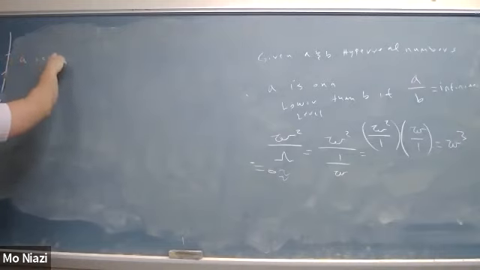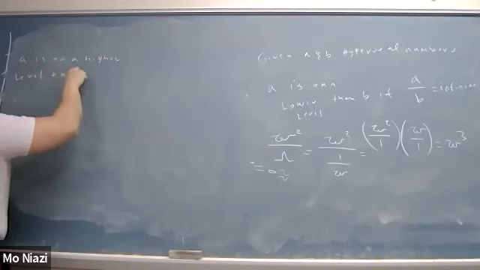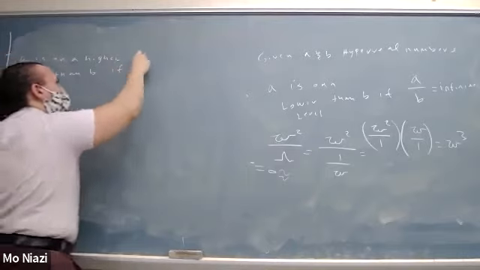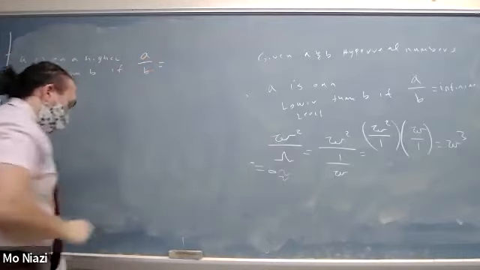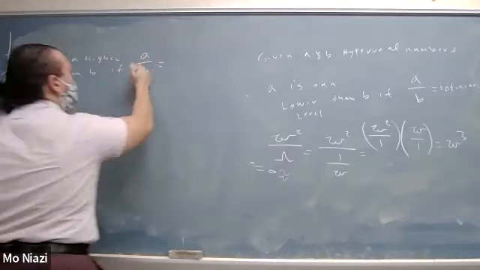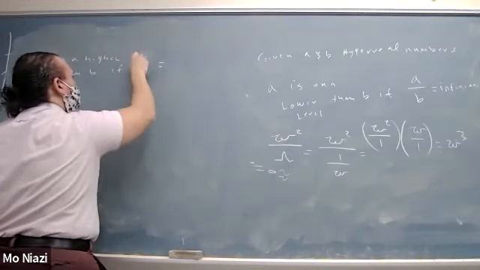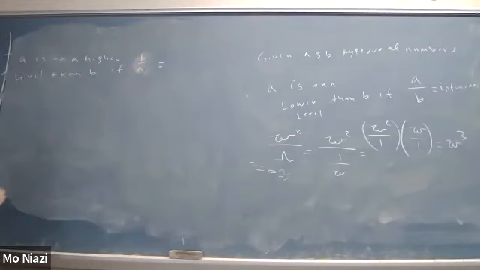A is on a higher level than B if B over A equals what? I need to flip these. So A is on a higher level. Over there, A was on a lower level.